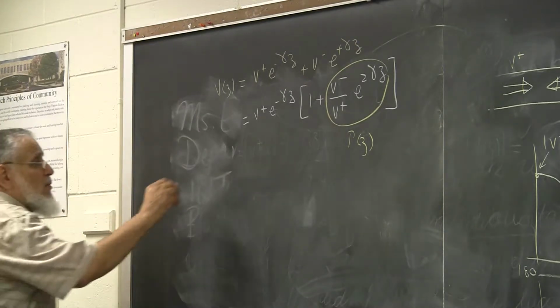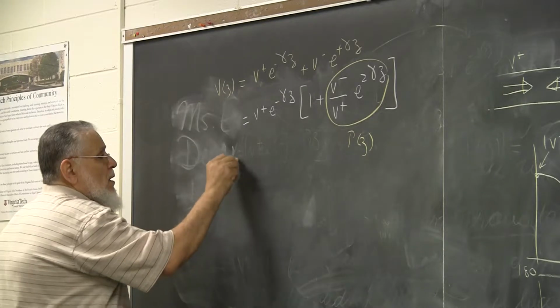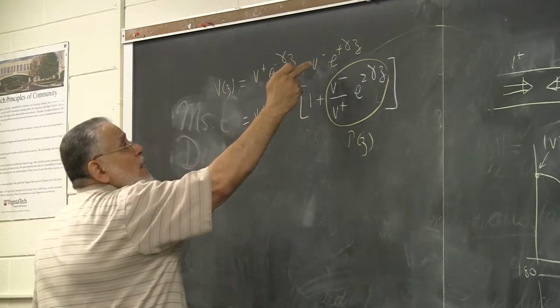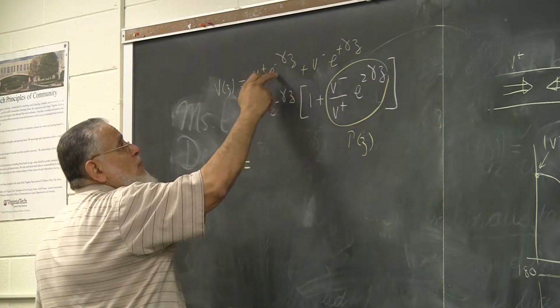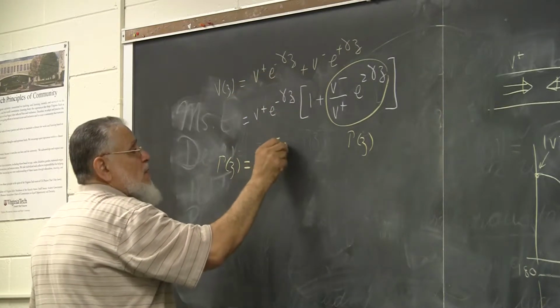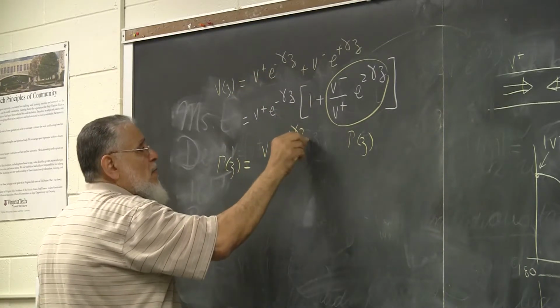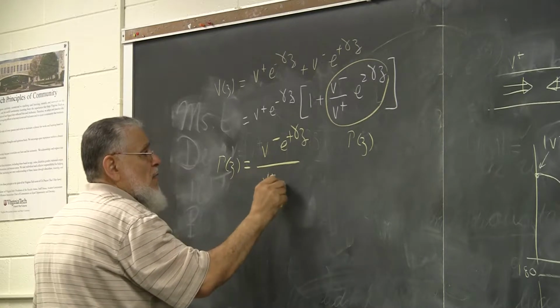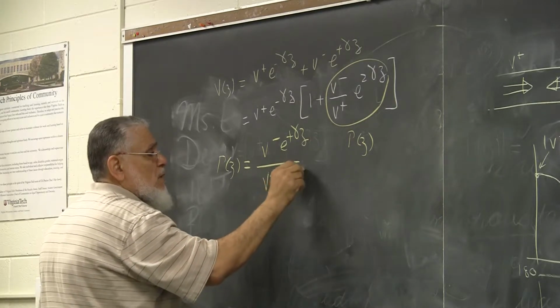So the definition of gamma of z is the ratio between the wave traveling to the left over the wave traveling to the right. V minus e to the plus gamma z divided by V plus e to the minus gamma z.